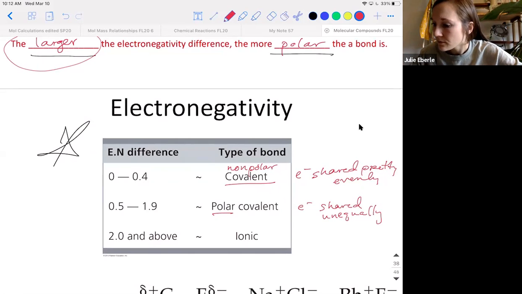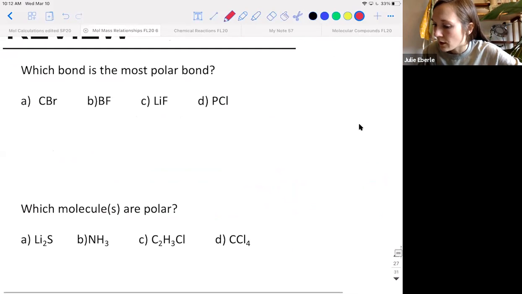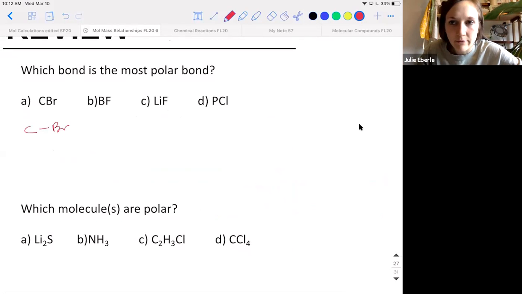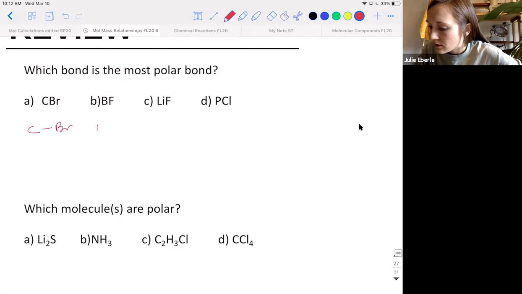So, all right, we have CBr. What is the difference there? I know carbon is 2.5, and I just know that from doing this so many times. Anybody have an electronegativity chart they could look at, so I don't have to flip back and forth between slides? I know fluorine is 4.0, so this one's going to be 4.0 minus whatever boron is.